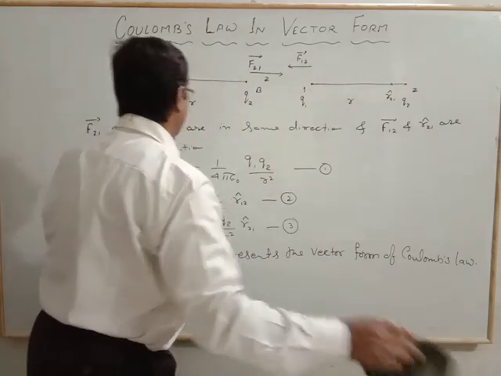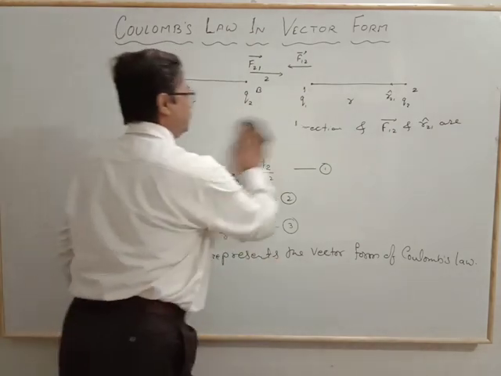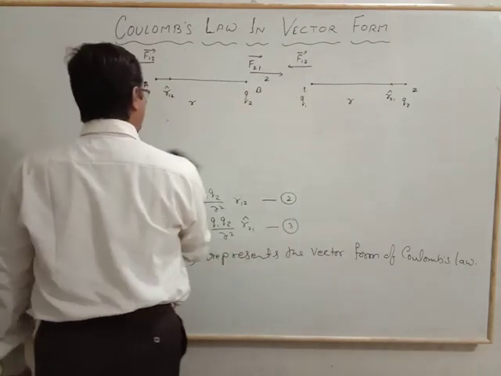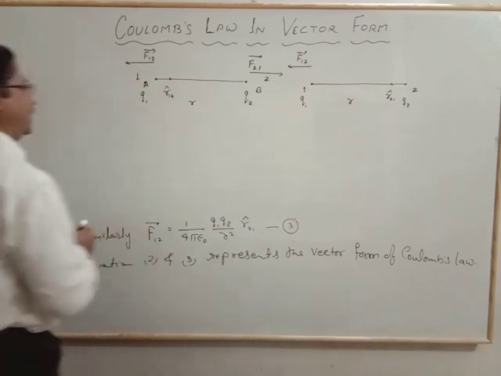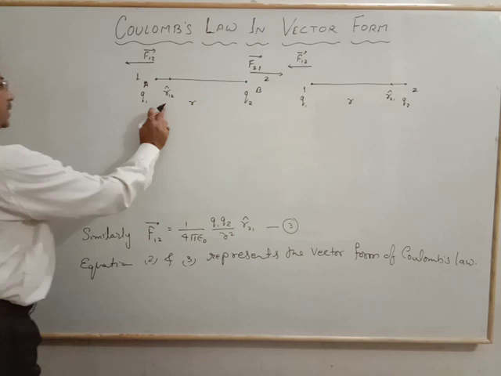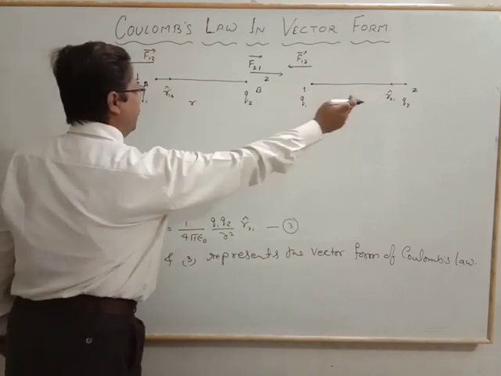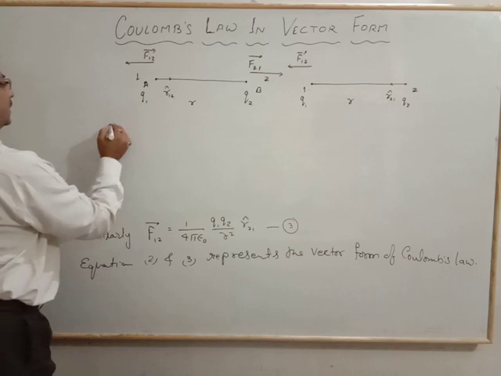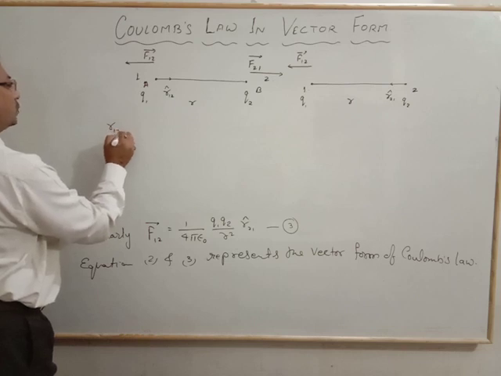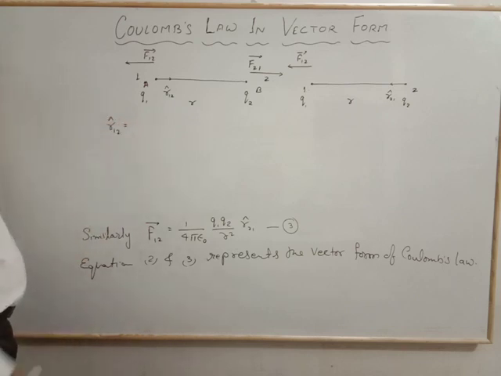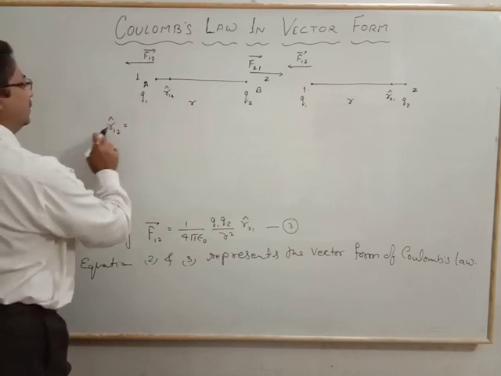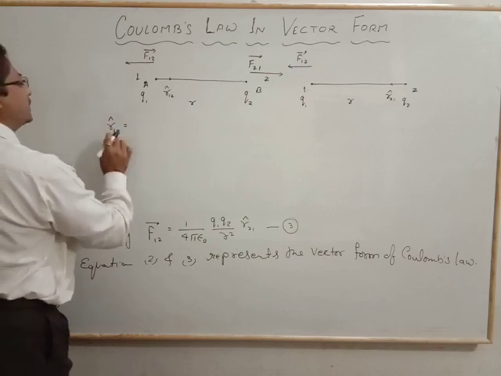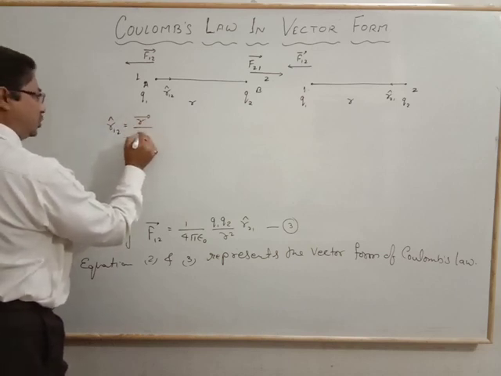Now we also know that the two position unit vectors have the same magnitude but the direction is opposite, one from A to B, another from B to A. So we can write the unit position vector for 1 to 2 as the vector divided by its magnitude.